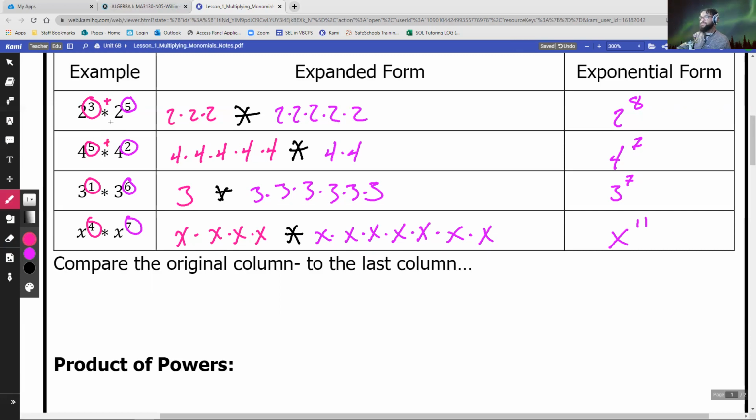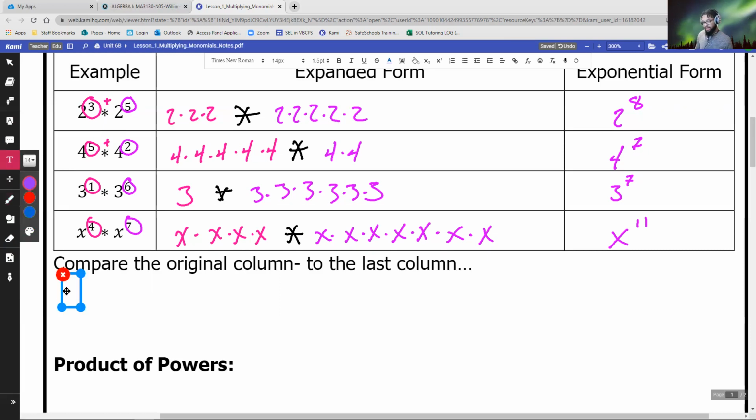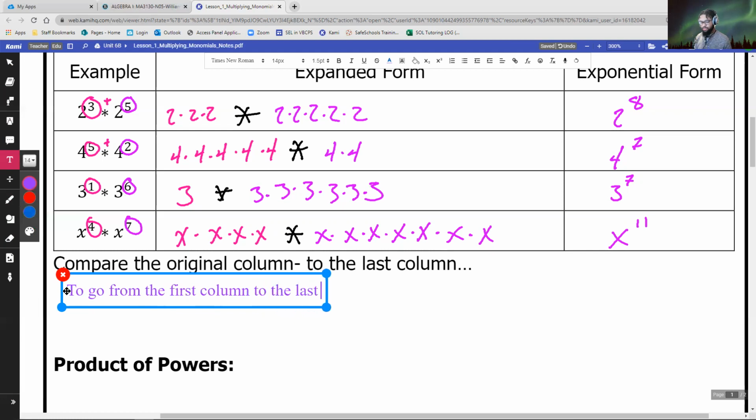All right, let's go ahead and type this out just so we have some words for it. To go from expanded form, or to go from the first column through our expanded form to the exponent form, so from the first column to the last column, we added the exponents.